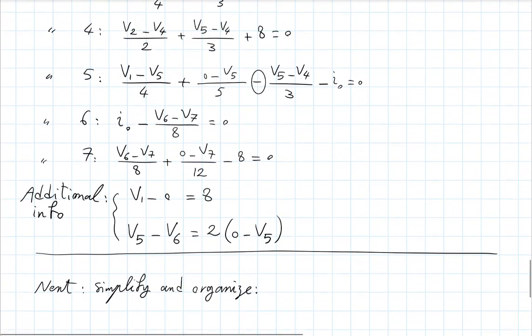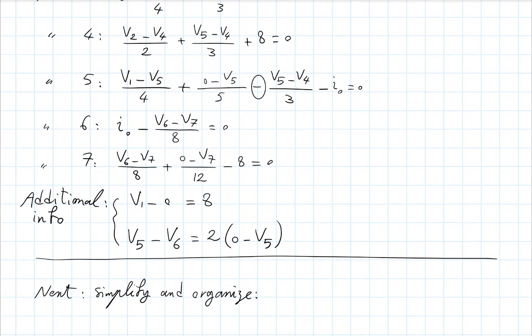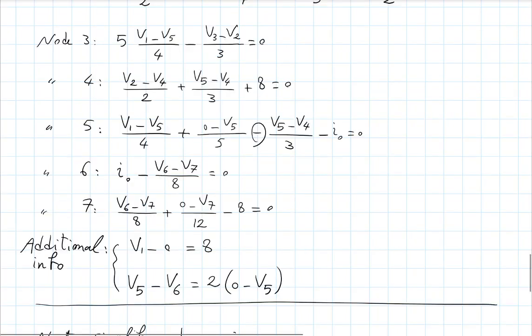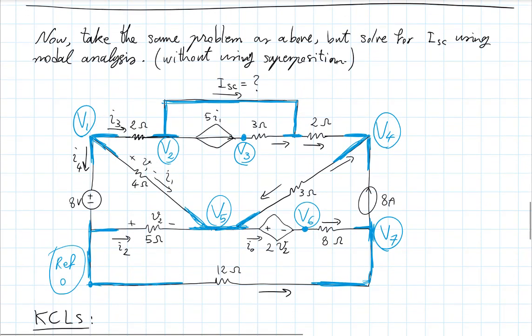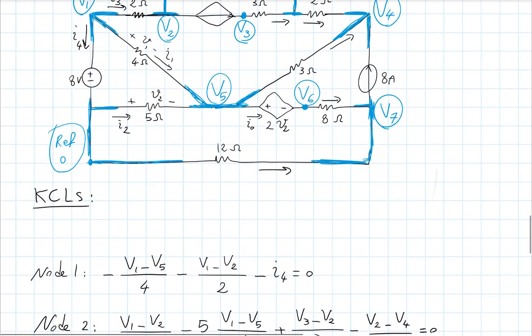So this would become a plus sign, but then here, instead of V5 minus V4, I would have V4 minus V5. So the end result would be the same. You can do this for any of these currents that I have drawn here. So this is something that you can practice writing in a few different cases differently, and then seeing that it all leads to the same equations ultimately.